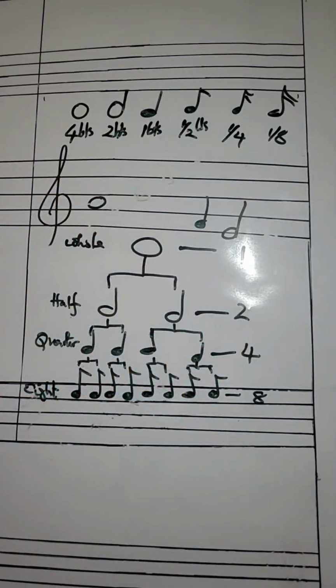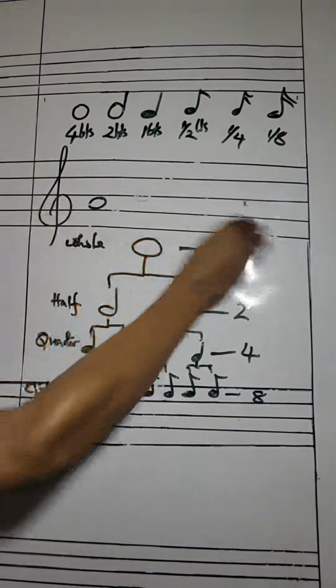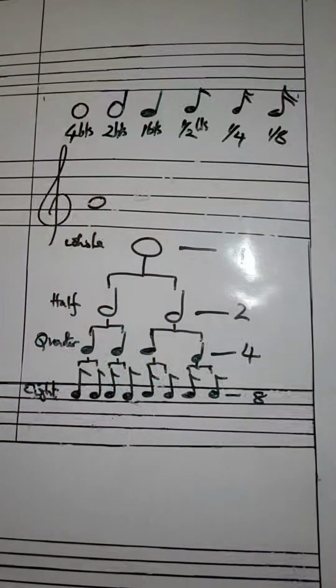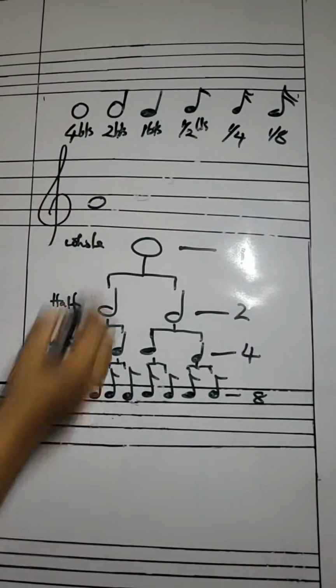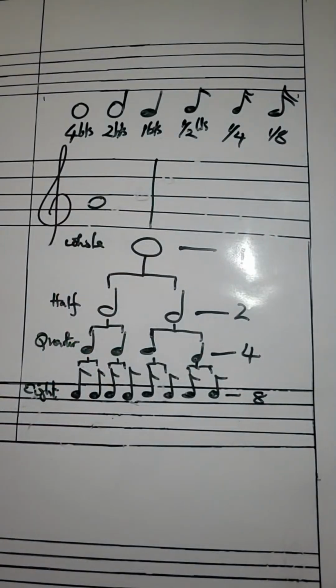That is what the rest is there for. For instance, we said this is 4 counts, that minimum has a value of 4, and there is a minimum rest. Sorry, there is no time signature yet, but let's use this.